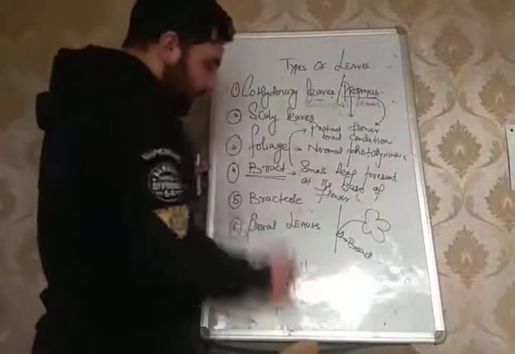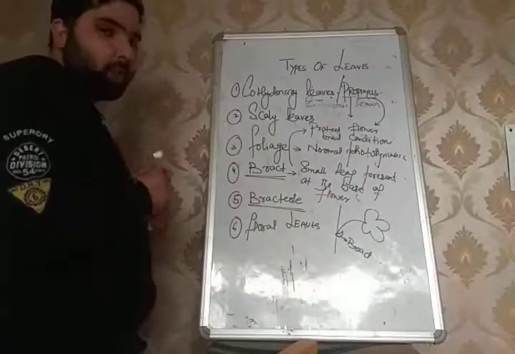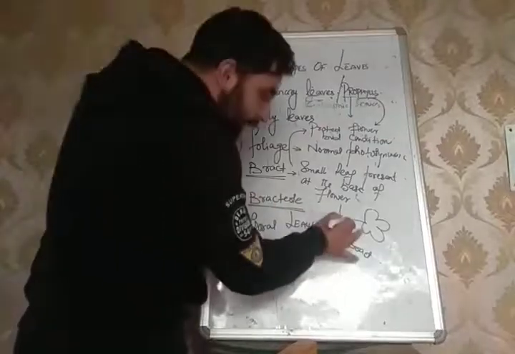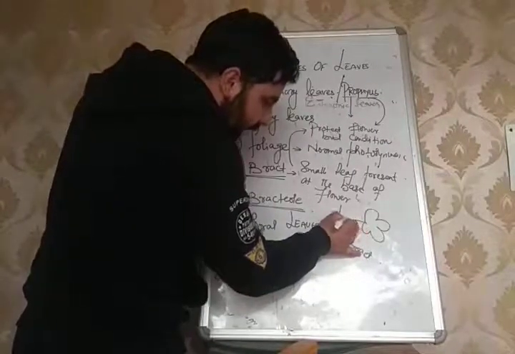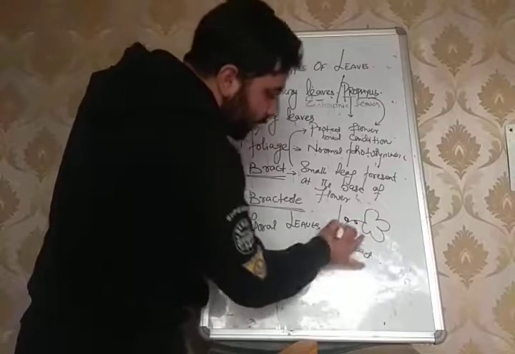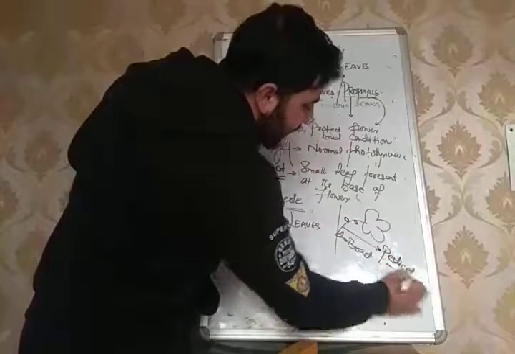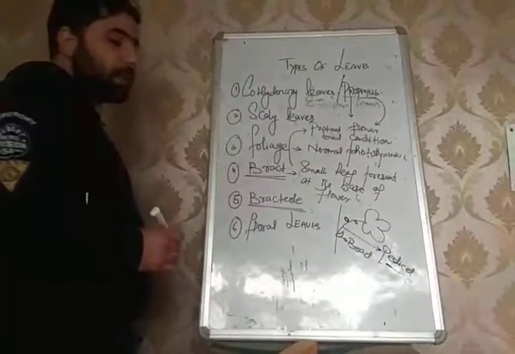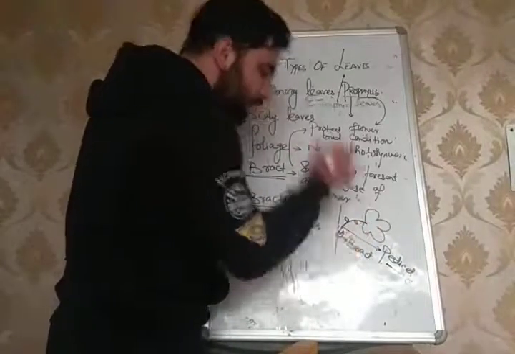उसके बाद बेटा next type of leaf that is called bracteole. Now what about the bracteole? Bracteoles are actually small leaf-like structures which are present over the stalk of flower. This stalk of flower is called pedicel. जैसे stalk of leaf को कहा जाता है petiole, वैसे ही stalk of flower को कहा जाता है pedicel.